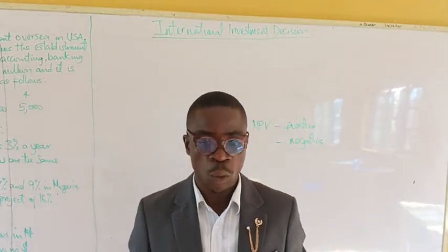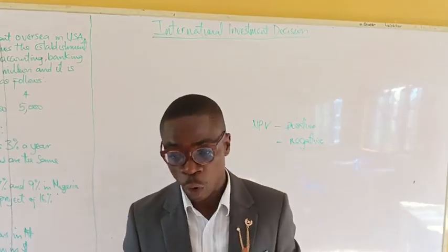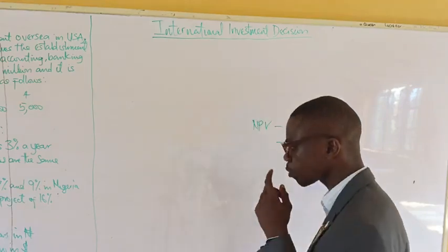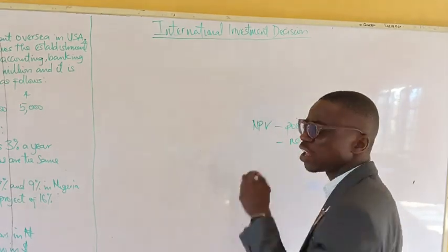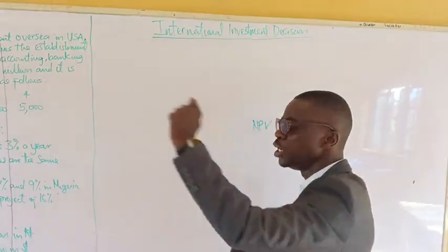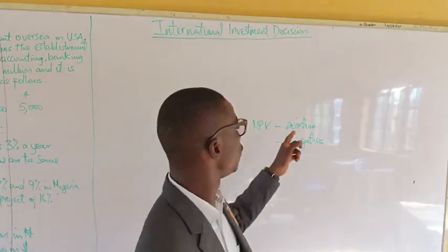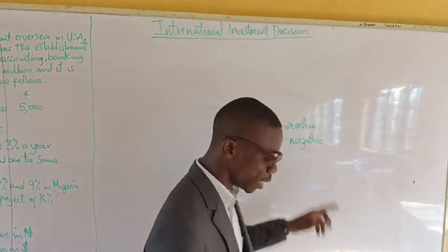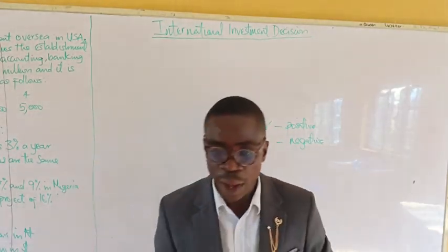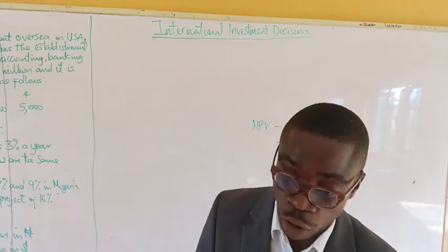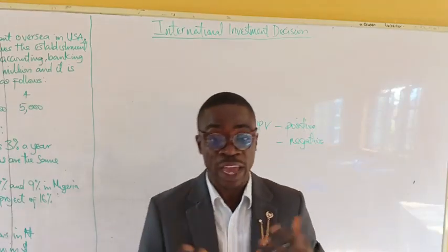And that's what an organization has to look into. They will need to calculate whether that international investment will yield a positive NPV or a negative NPV. And when you are calculating NPV, what are the most important things you need to consider? You need to know the cash flow.